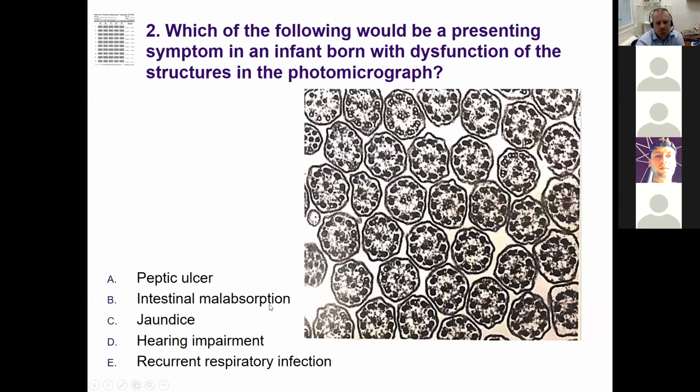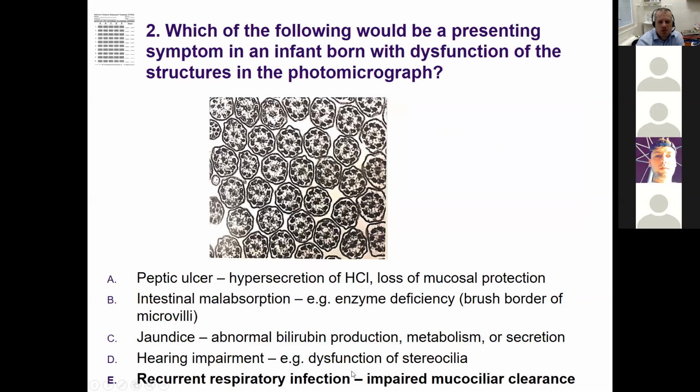The second question was about identifying these structures, which are obviously cross sections through kinocilia, and you should know the distribution of ciliated epithelium in the human body. If you know this, then from all these options, the best answer is expecting repeating respiratory infections, because the mucus in the respiratory passages could not be transported, therefore allowing for growth of microorganisms in the respiratory passages.